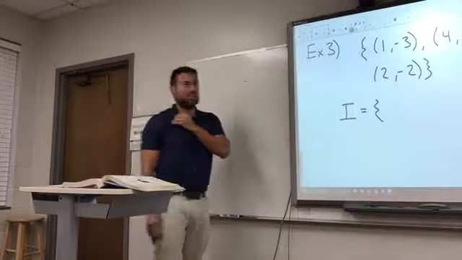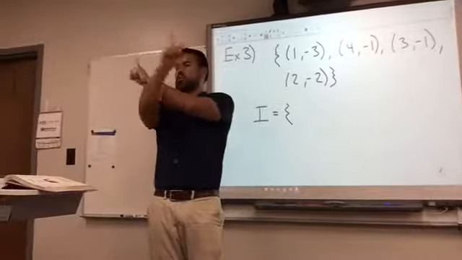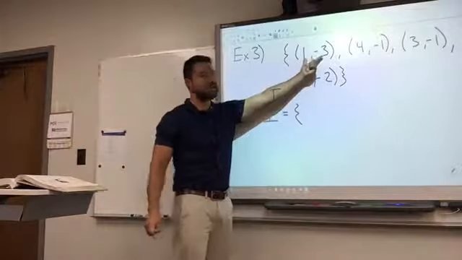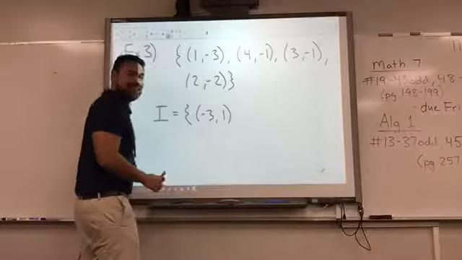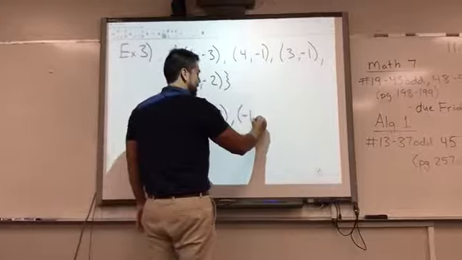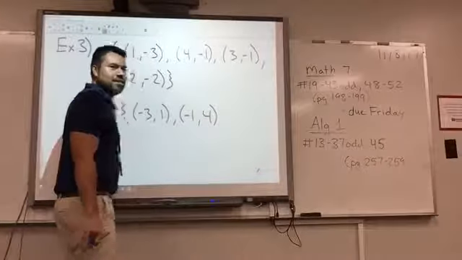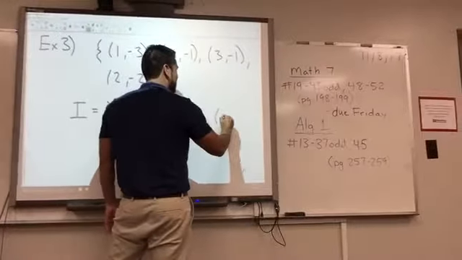For the inverse set, you're going to switch the x and y coordinates. So what does 1, negative 3 become? Negative 3, 1. Isn't that fun? Go ahead and do it for the rest. Negative 1, positive 4. We're flipping everything around. That's weird. It is weird, and cool at the same time.